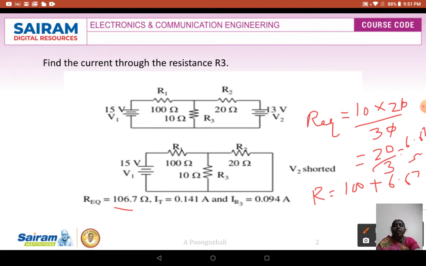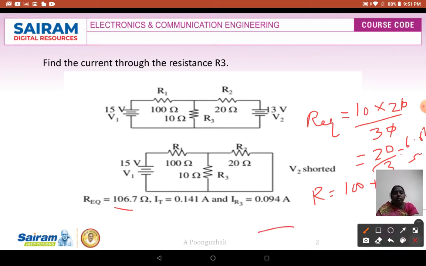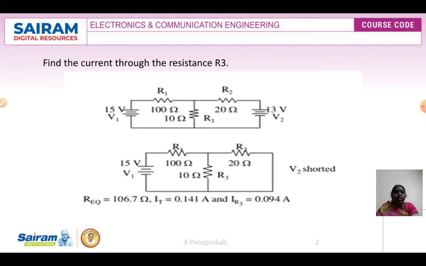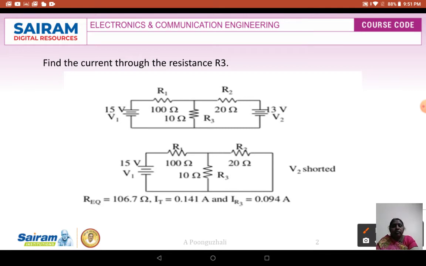Now to find the current IT, in this case if I look at the resistance RT, my circuit is going to be like this. This is your resistance 106.7, and here you have your voltage source of 15 volts.